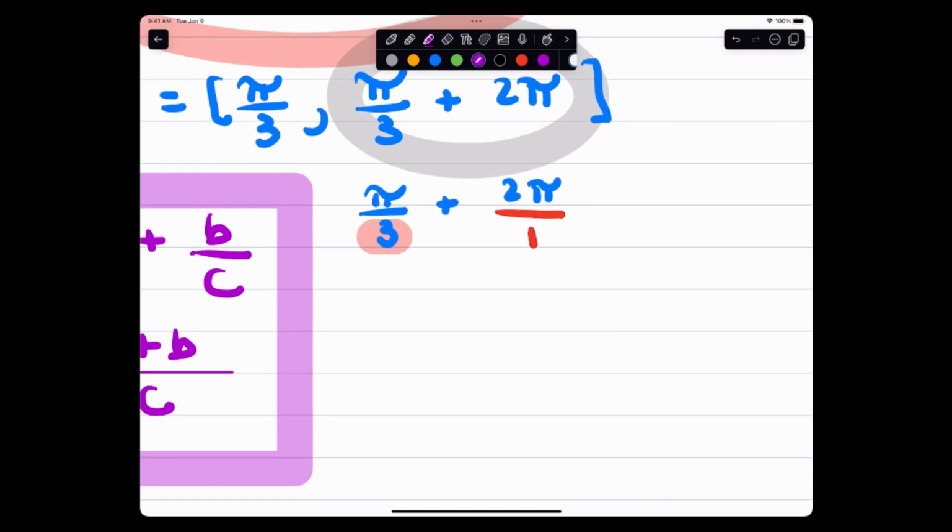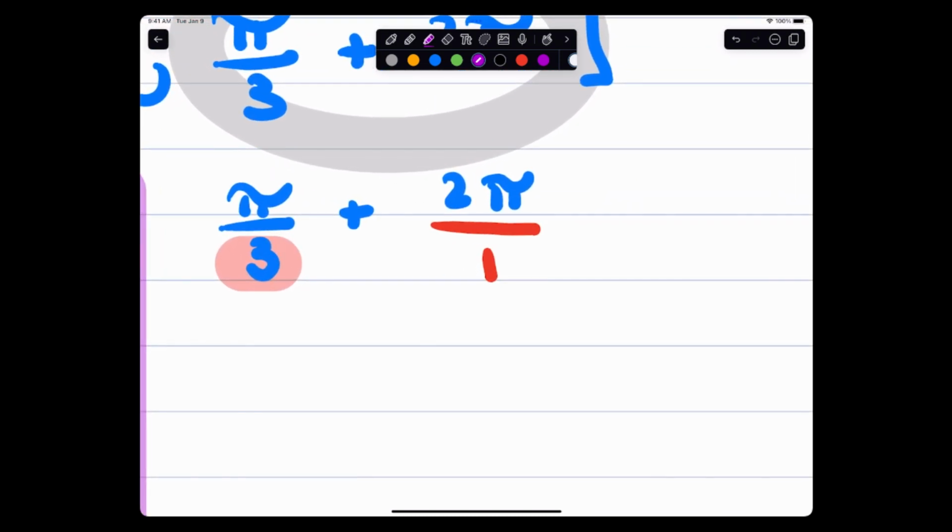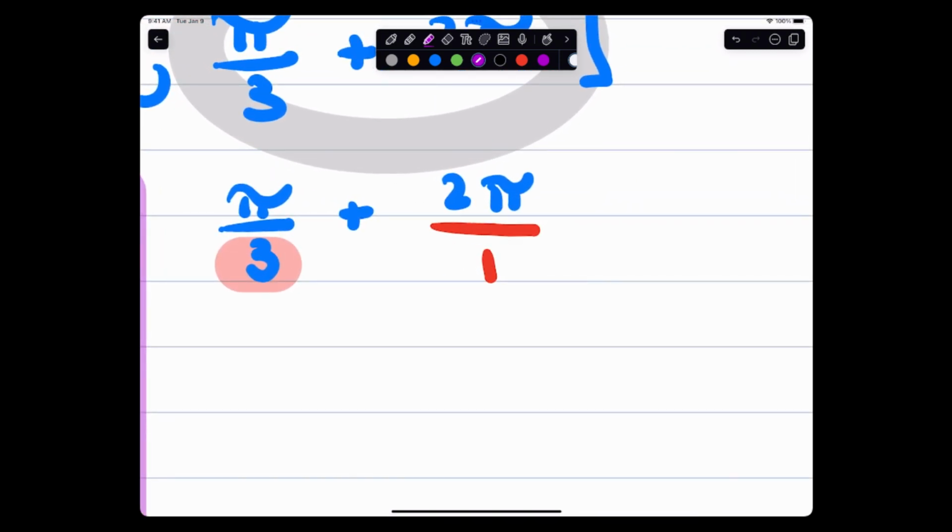But you might say, Mr. Judge, I don't have a 3 down there. I have a 1. Well, how do you guys get a 3? Multiply the top by 3 and the bottom by 3. You guys remember this? Is that true? Darn those fractions.